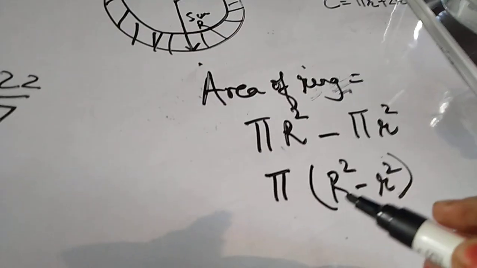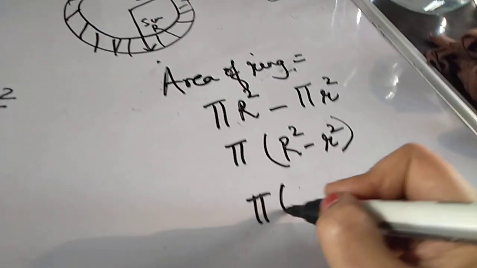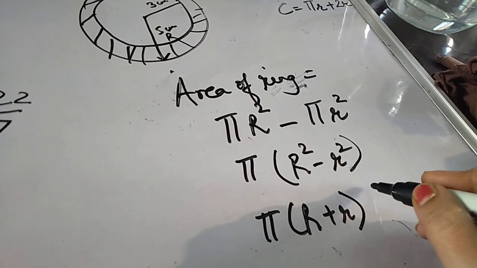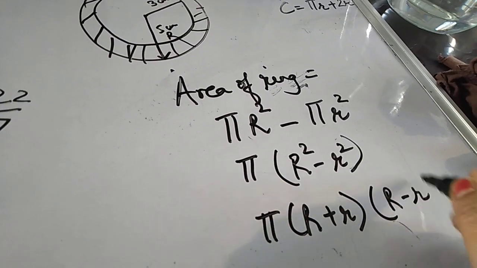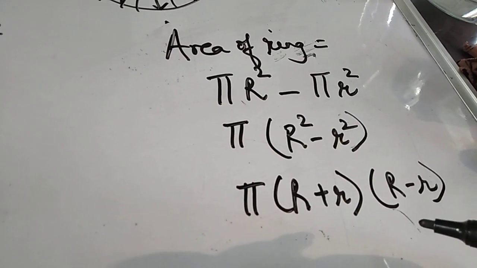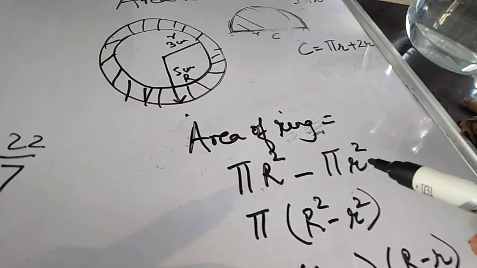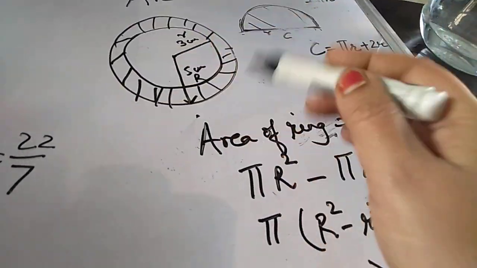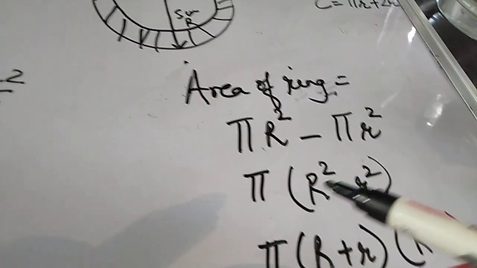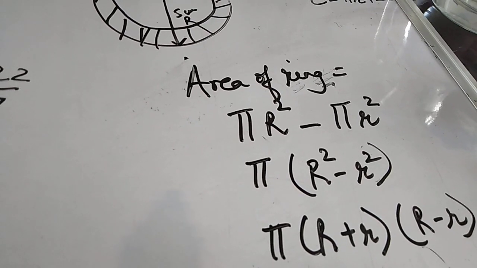And the more appropriate way, when we have bigger radius numbers, we can also write it as pi, a square minus b square is (R minus r)(R plus r). That is an easier way to calculate, children. You should use the special product identity here. Clear? So the area of the ring is the area of the bigger circle minus the area of the inner smaller circle, and if we take that pi out, R square minus r square. Okay?